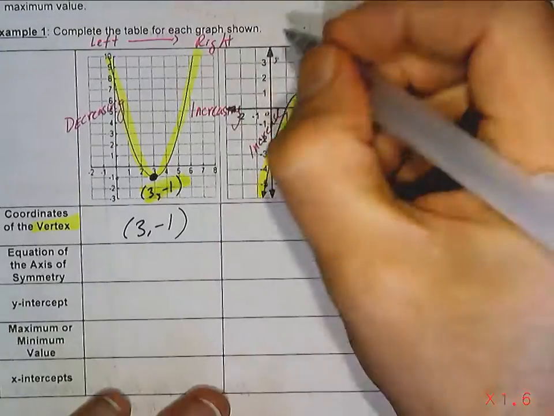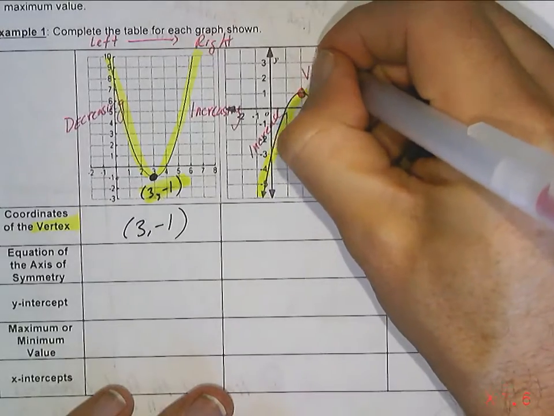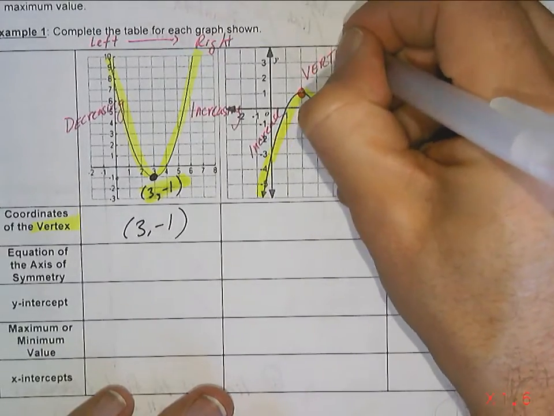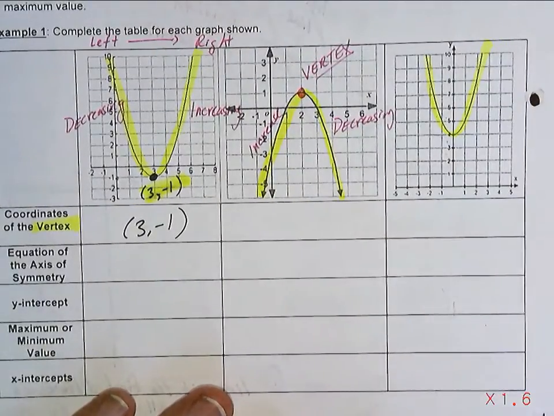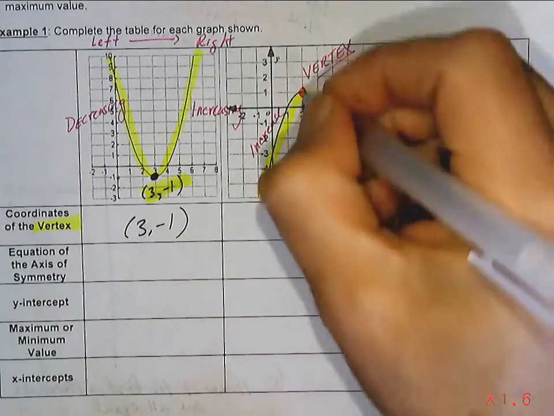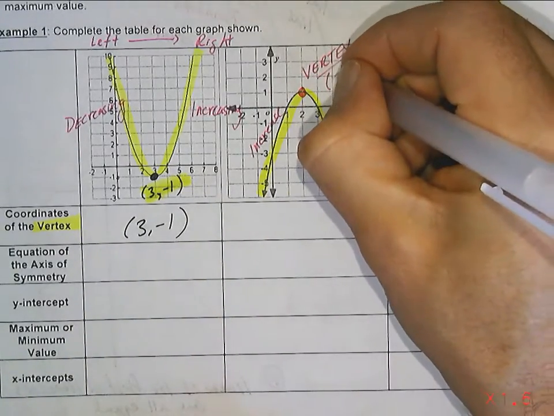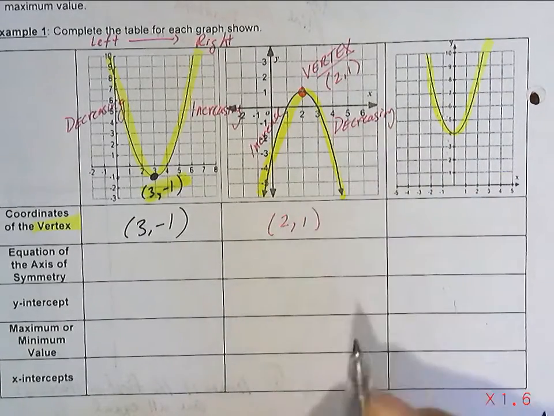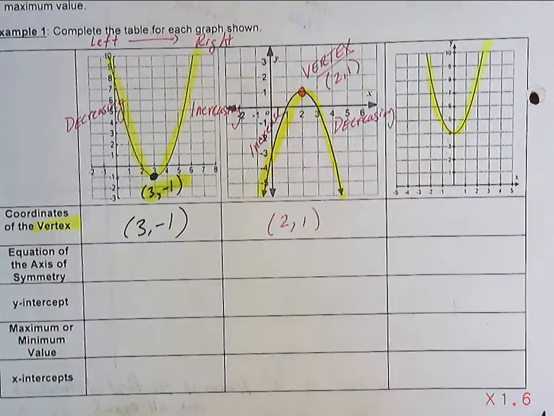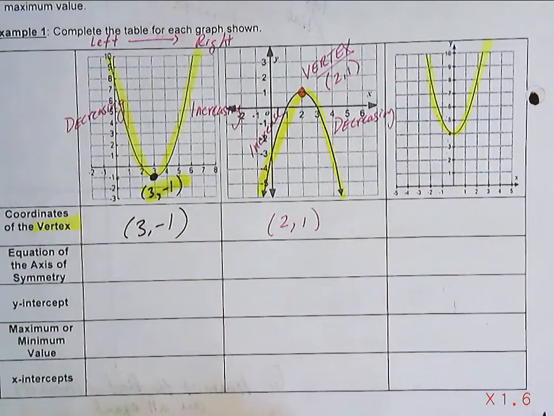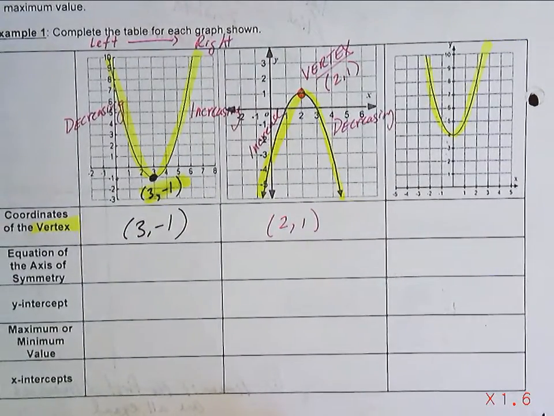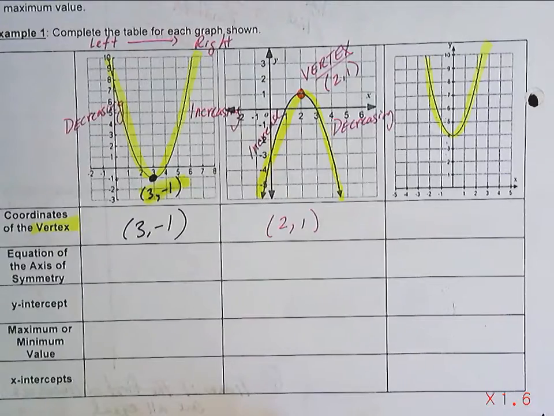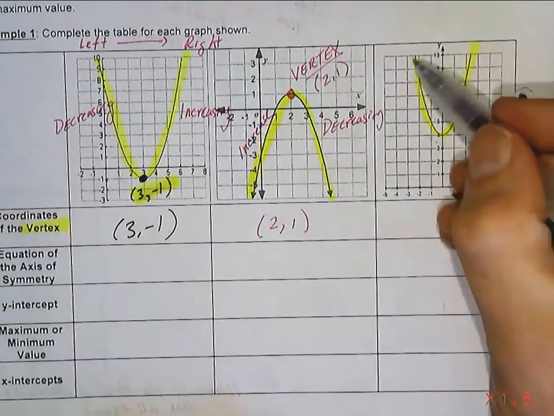Well, that spot is called the vertex. It's a special name. Learn how to spell it. And that vertex on this parabola is at 2, 1. So 2, 1 is the vertex on this parabola. Okay, not bad.